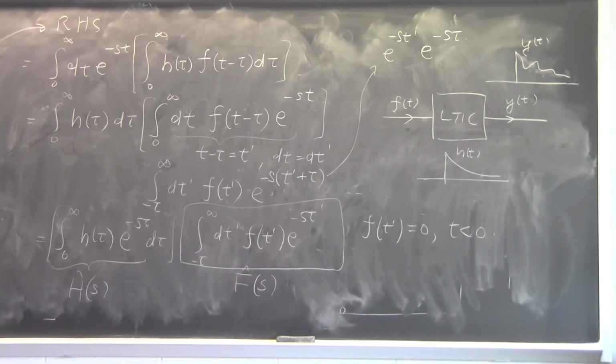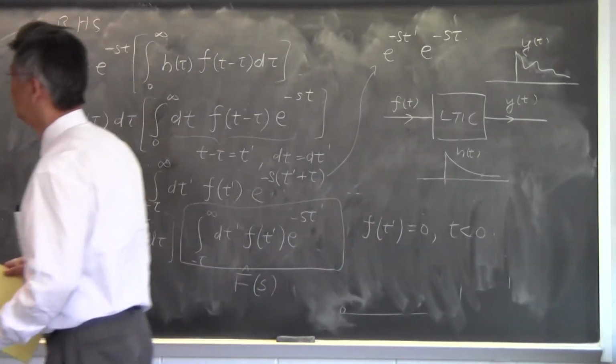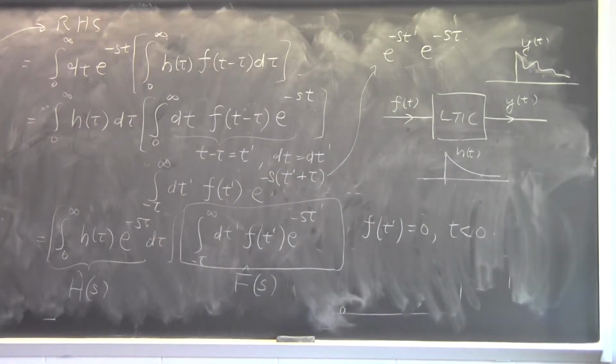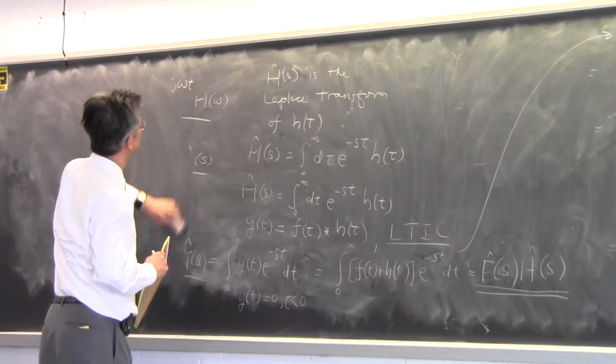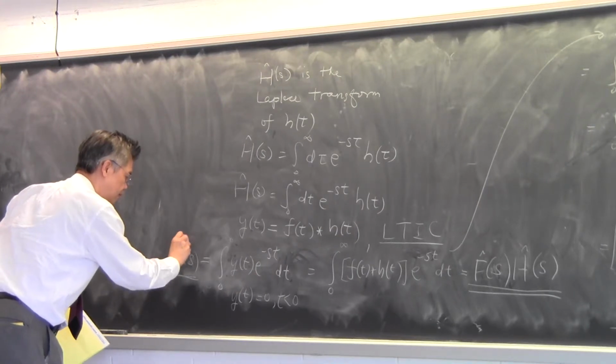The Laplace transform of y is equal to the Laplace transform of h times the Laplace transform of f. So this is in general a true statement for a linear time invariant causal system.